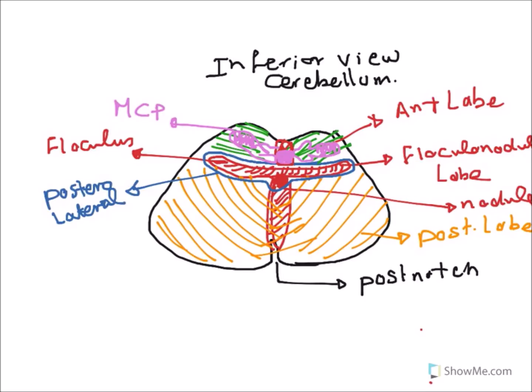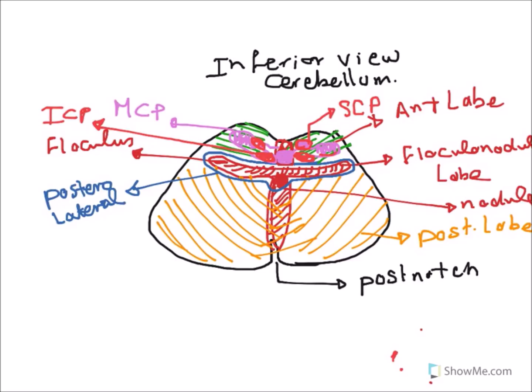And the small upper part is this part, which represents the superior cerebellar peduncle between the midbrain and the cerebellum. And the lowermost part is this part, which represents the inferior cerebellar peduncle between the medulla oblongata and the cerebellum.